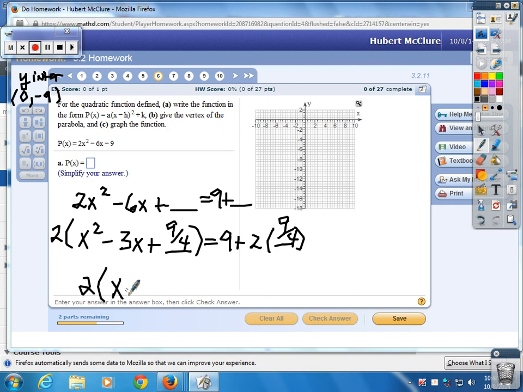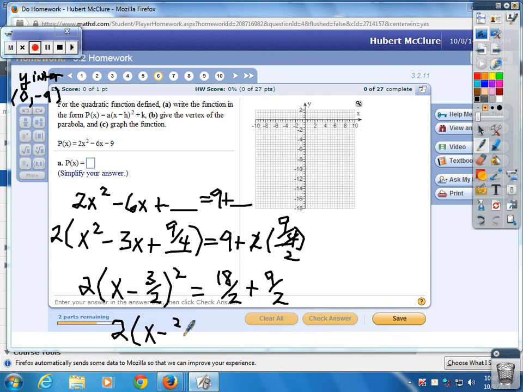2 times (x minus 3 halves) squared is equal to 18 halves plus 9 halves. 2 times (x minus 3 halves) squared is equal to 27 halves. Check my math.